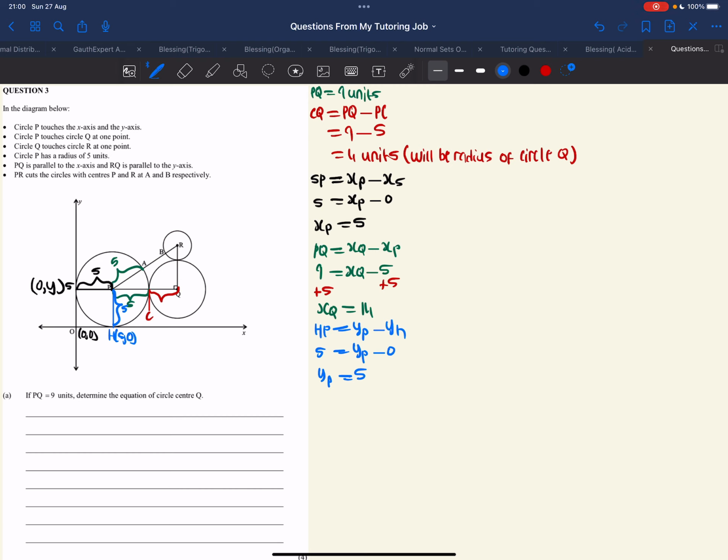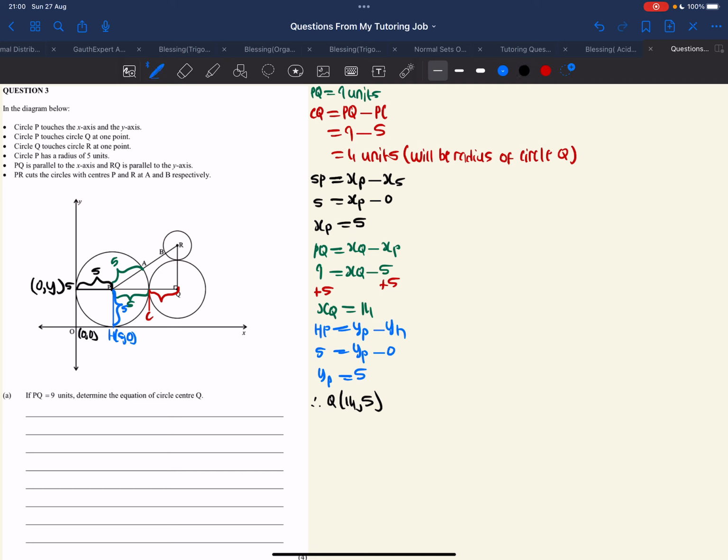What we can now say is that Q is, we just calculated XQ, which was 14, so it's going to be 14 comma 5. Because if the y coordinate of P is 5, then the y coordinates of S will be 5, of C will also be 5, and of Q will also be 5.